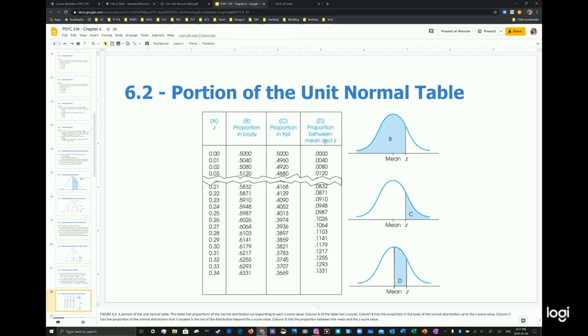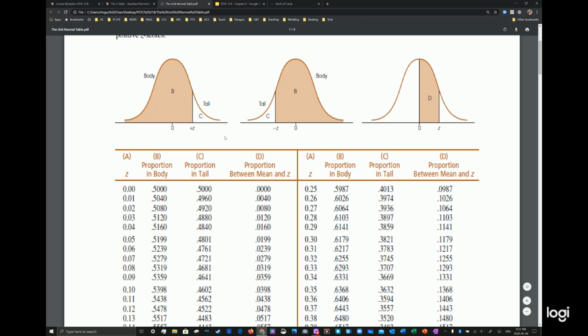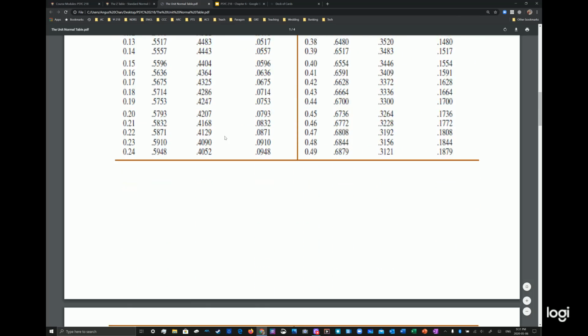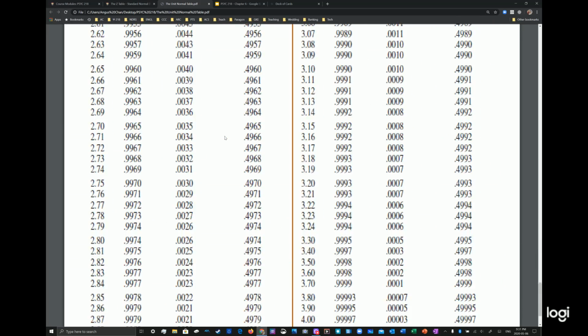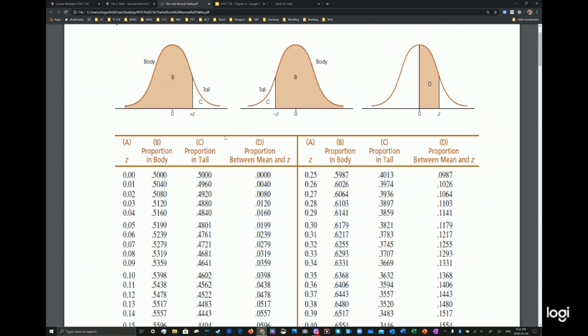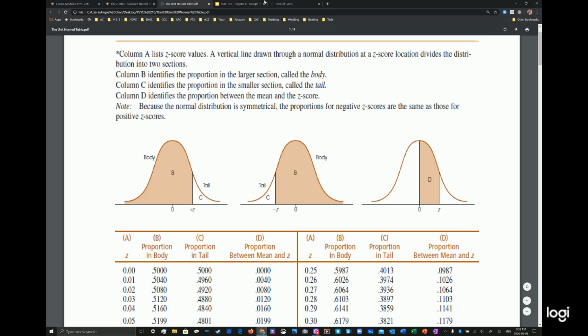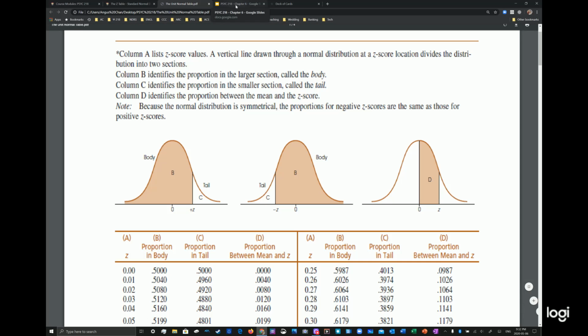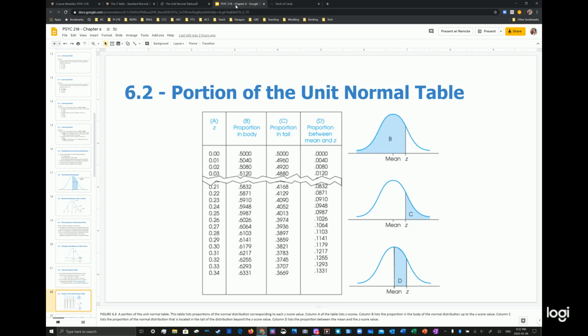So this is the condensed version of the unit normal table, which has Z scores from 0 to positive 4 in this case. 4 being on the very extreme end on the positive side of the standard normal distribution. That means 4 standard deviations away. So notice here, though, there are 3 columns.